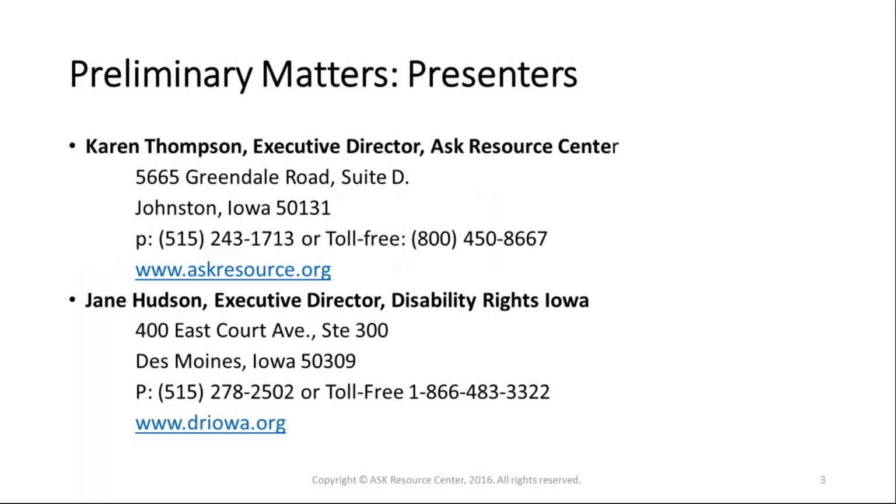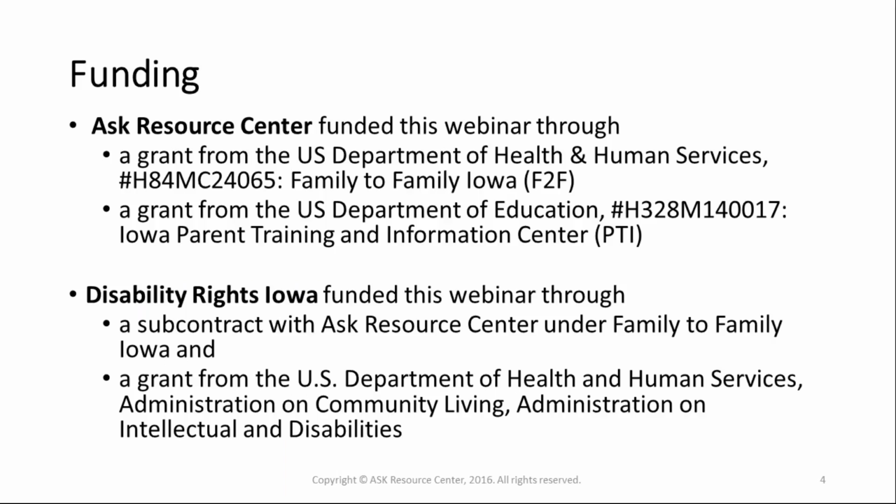We wanted to talk about the funding we have to do this. Karen, can you talk about that a moment? Sure. So we have two main federal grant resources that we used to produce this webinar today. The majority of the funding comes from the U.S. Department of Health and Human Services under the Family to Family grant. In Iowa, that project is called Family to Family Iowa, and it rests with Ask Resource Center. We also have a grant from the U.S. Department of Education, the Parent Training and Information Center grant, or some people know that project as the PTI.